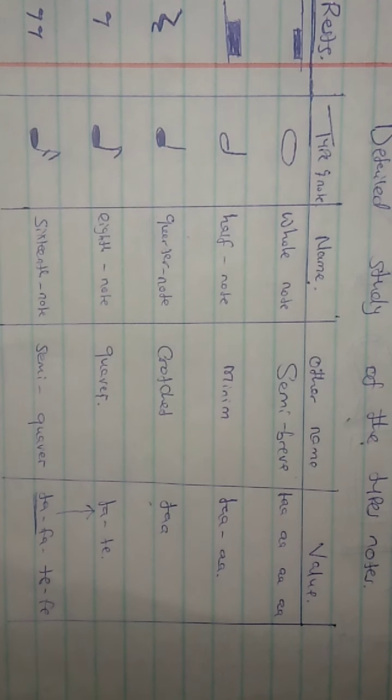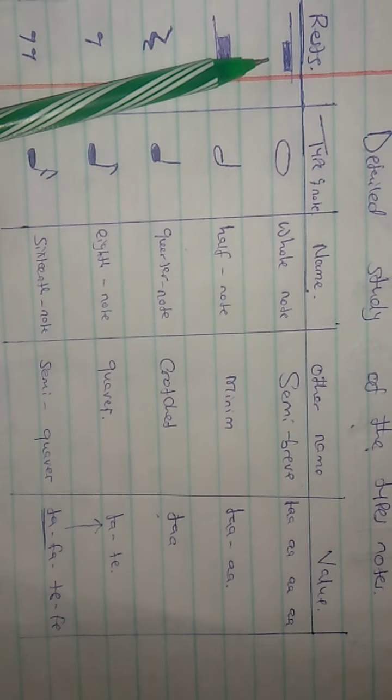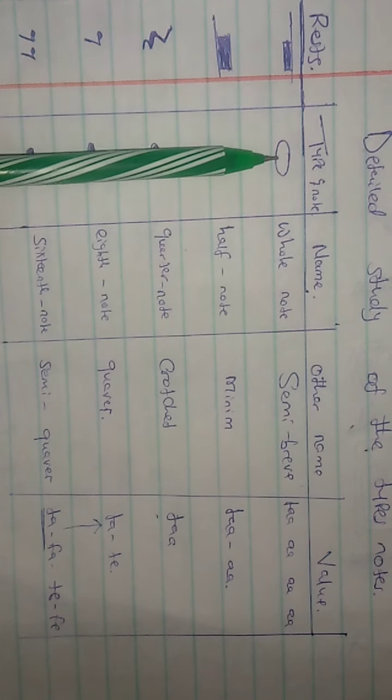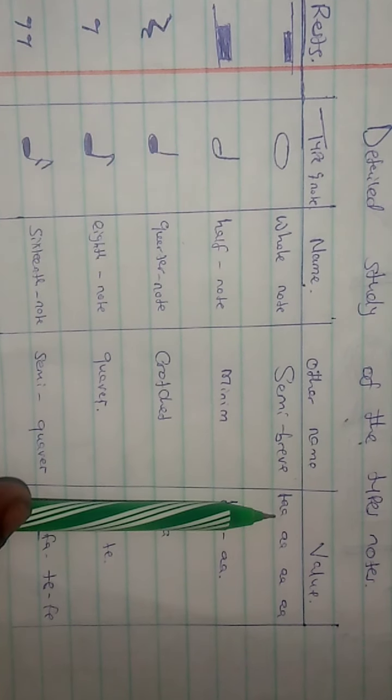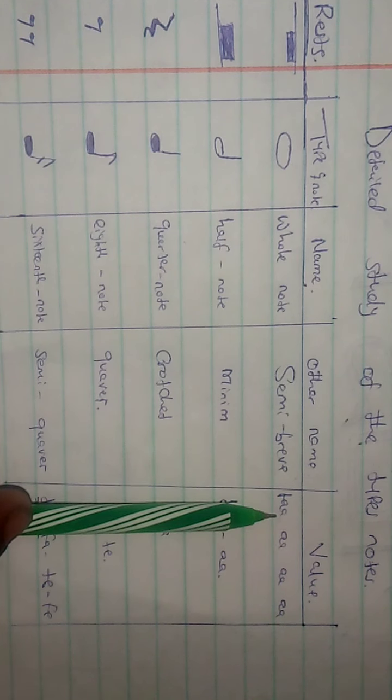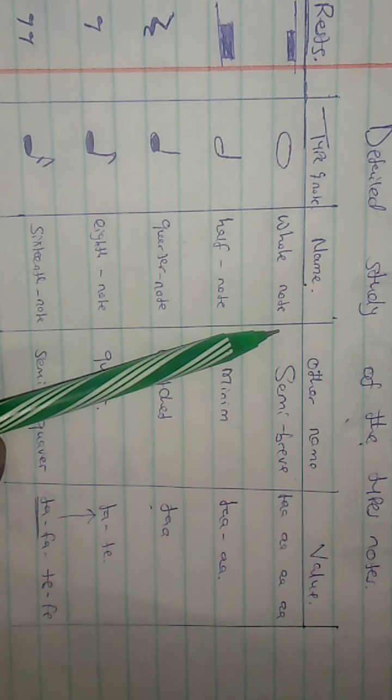What we are saying is that the value of silence of rests is equivalent to the value of their corresponding notes. That is, the value of silence of a whole rest is equivalent to the value of a whole note. That is 4 beats, the way we have seen in a whole note.